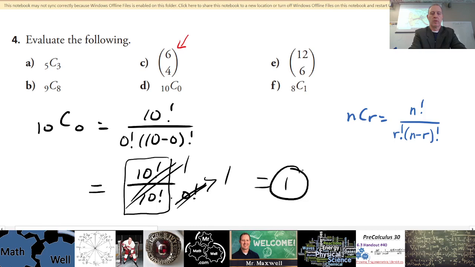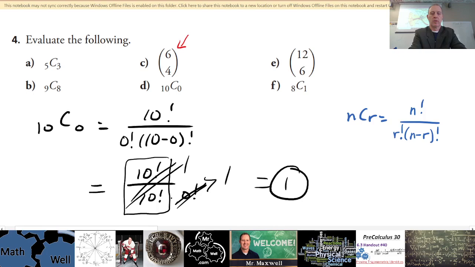You can actively choose 0 out of any number of items only once. So that's always 1. Anything choose 0 is 1. 0 choose 0, I suppose that would be 1 as well. If you have nothing and choose nothing, there's only one way you can do that, I guess. You might think that's infinity, but I don't know. That will work out to 1 as well, it looks like.